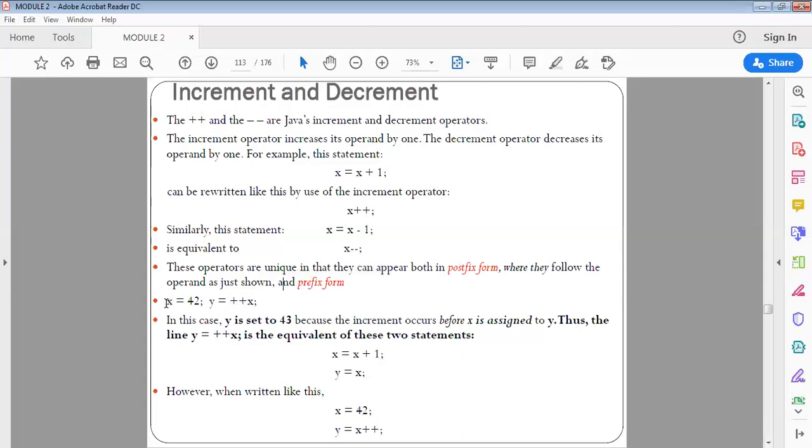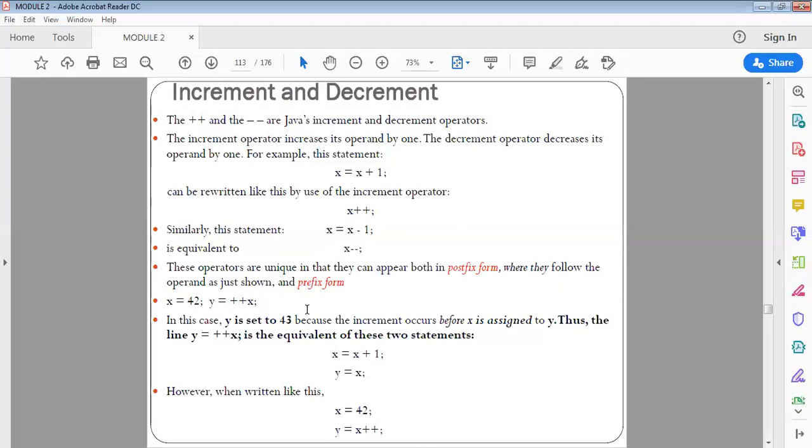But when you come for x is equal to 42, x plus plus is called a postfix form, and plus plus x is called a prefix form. Where the plus plus comes gives you the concept. If the operator is after the operand, that is called a postfix.